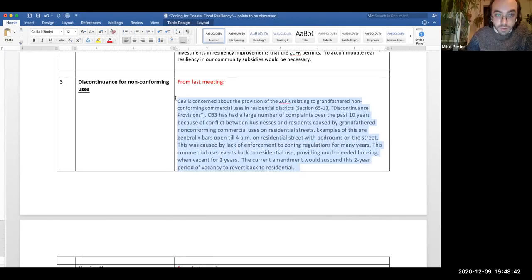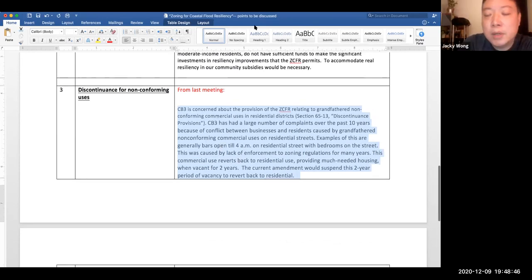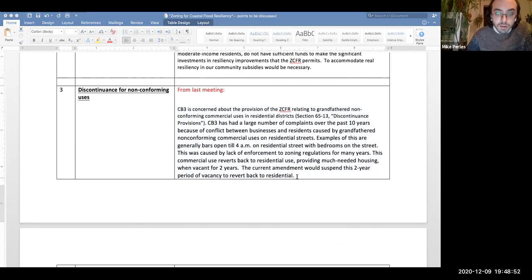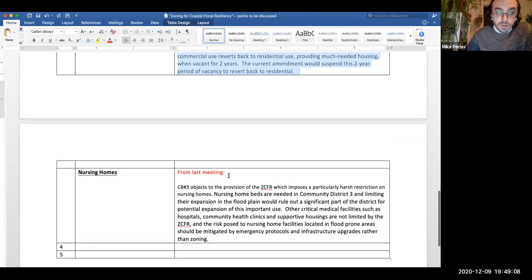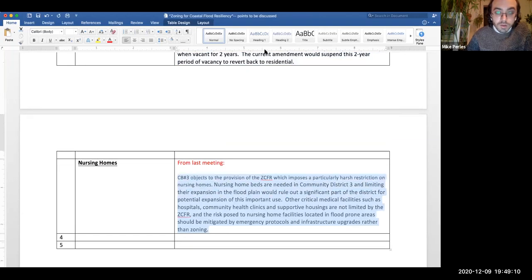Are we comfortable with this whole paragraph? I asked everybody if they have any thoughts about it, and it looks like people are comfortable with it. Okay. And then the nursing home point as well.